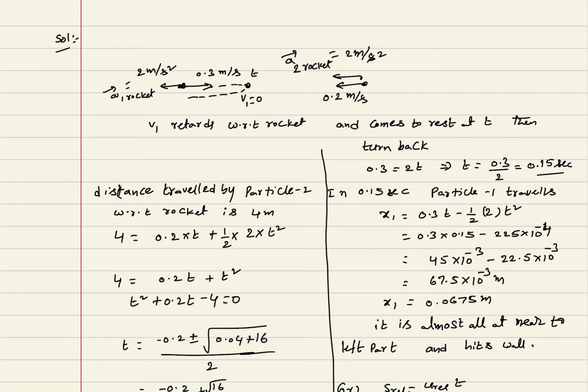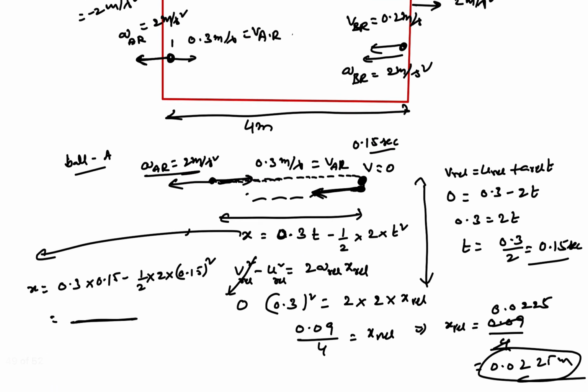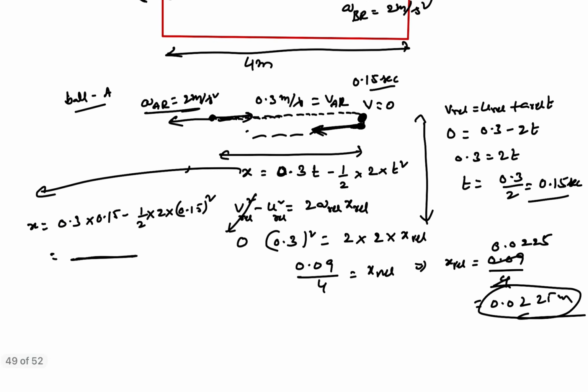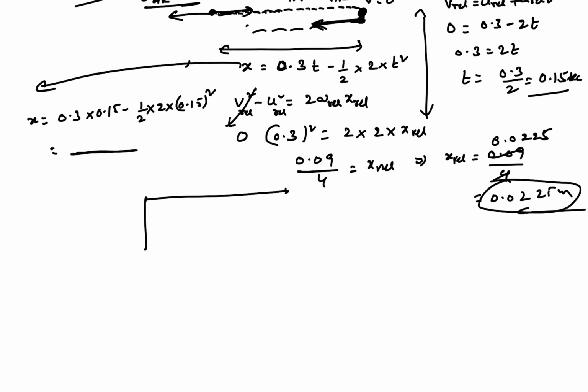I calculated actually. You can see ut minus half a t square, if I calculate this value I am getting 0.0675 meters. It is traveling a distance of 0.0256. Okay, the value is very less, so this value is negligible.